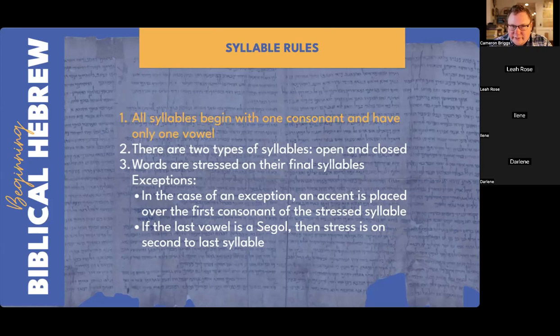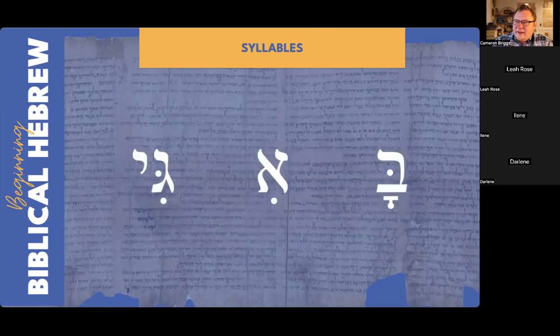And so all syllables start with a consonant, and all syllables have a vowel. And the difference between the syllables is if it has a second consonant or not. So let's take a look at some examples of that first rule. So here are some really simplified syllables that begin with a consonant and have a vowel.